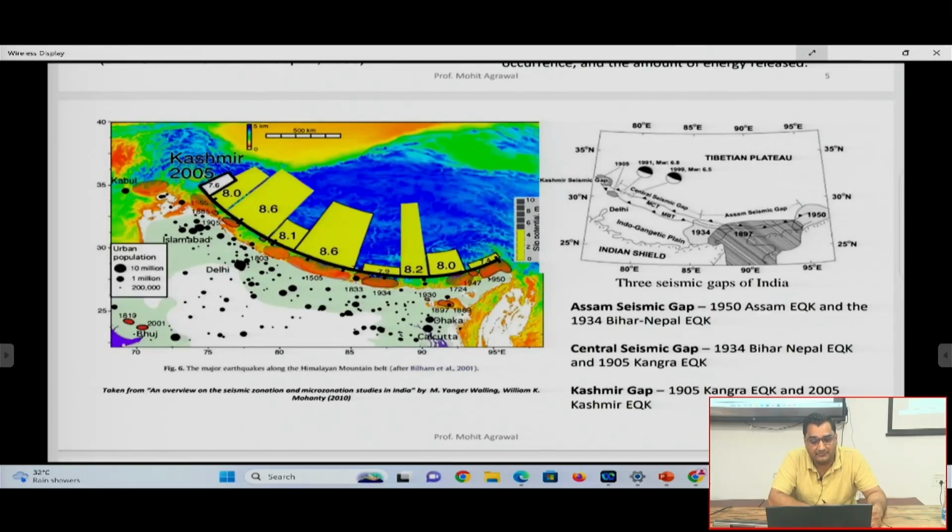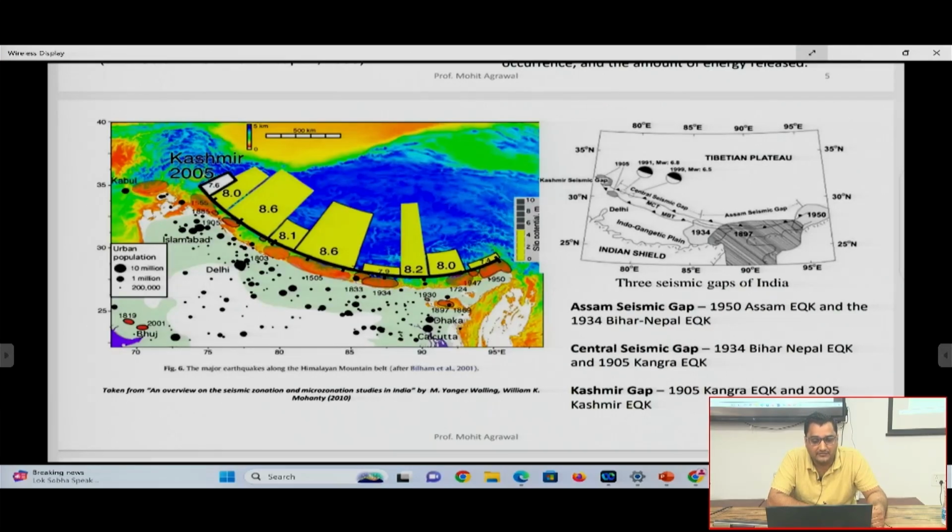And there are some earthquakes we have also marked, like the 1905 Kangra earthquake, 1934 Bihar earthquake, 1950 Bihar Nepal Assam earthquake, 1897 Assam earthquake, also known as the Shillong earthquake, and likewise the 2001 Bhuj earthquake. The black solid circles that you see represent the population centers that are available in those parts of India.